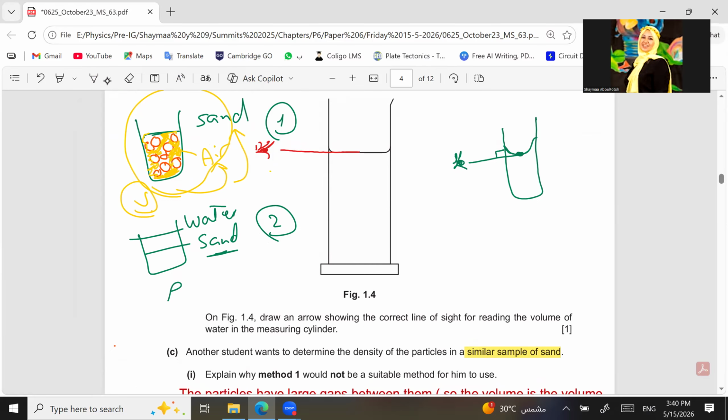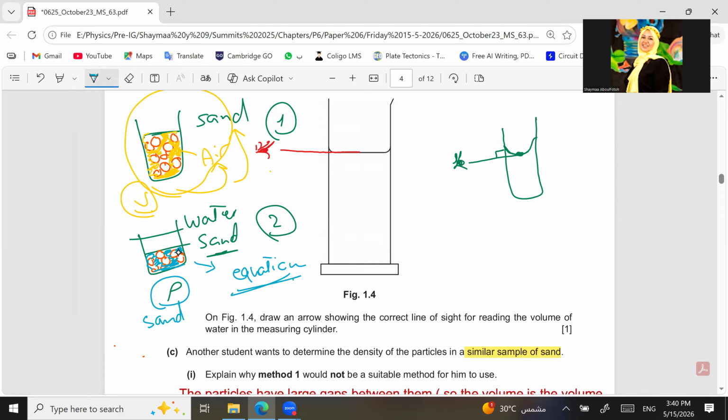The second one, we have water and we have sand, but the water goes inside the sand to fill the gaps between the particles, all of them. And according to the equation which is given, I can get the density of the sand only without any water.